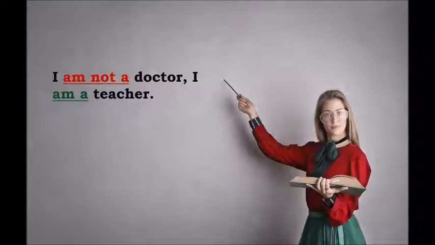Now, in order to make that into a negative, we say, I am not a doctor, which is the negative part of the sentence. And the positive part is, I am a teacher, which you can see the image of the teacher. Okay? I am not a doctor. I am a teacher.